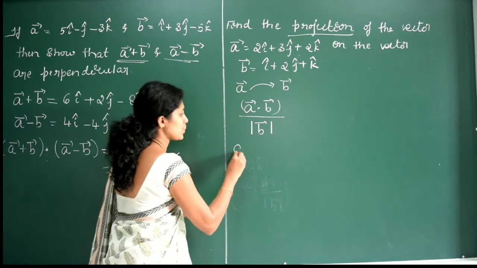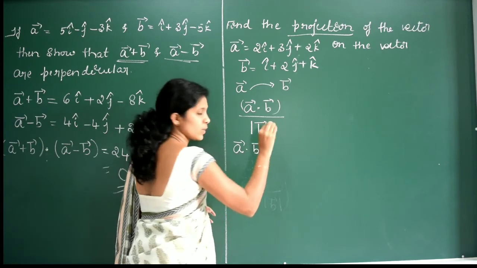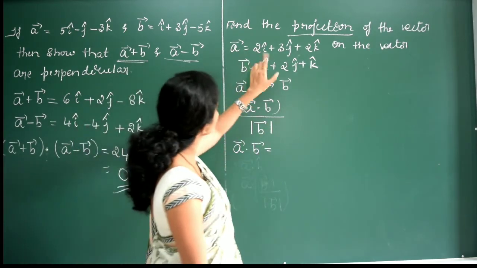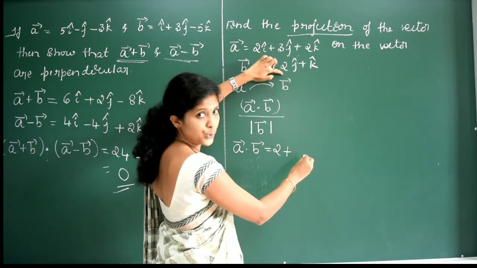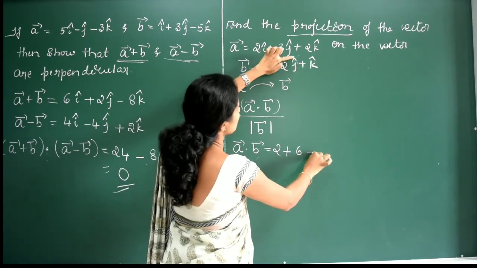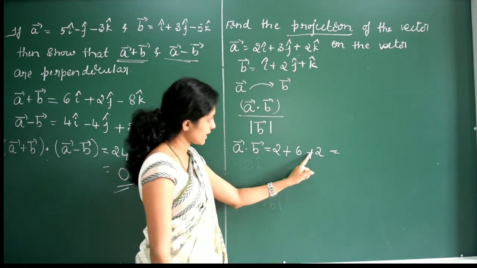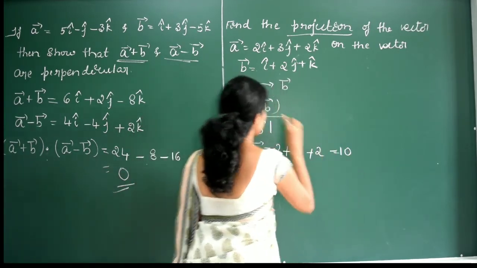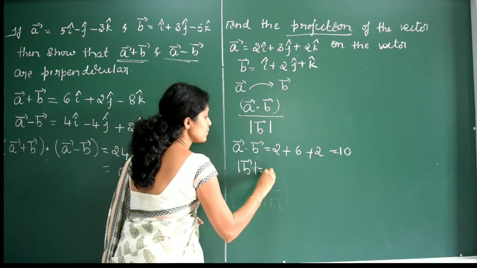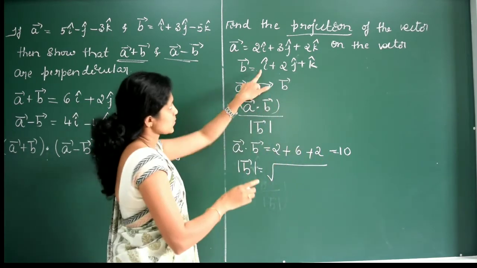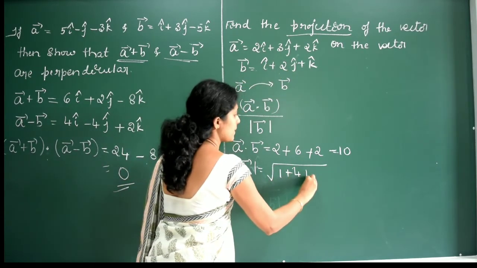Now we will find the dot product of those. A vector dot B vector is equal to, what is that? See here, 2 into 1 is 2, plus 3 into 2 will be 6, plus 2 into 1 will be 2. So total it is 10, right? Now the magnitude of B vector is equal to root of 1 square, 1, plus 2 square will be 4, plus 1.